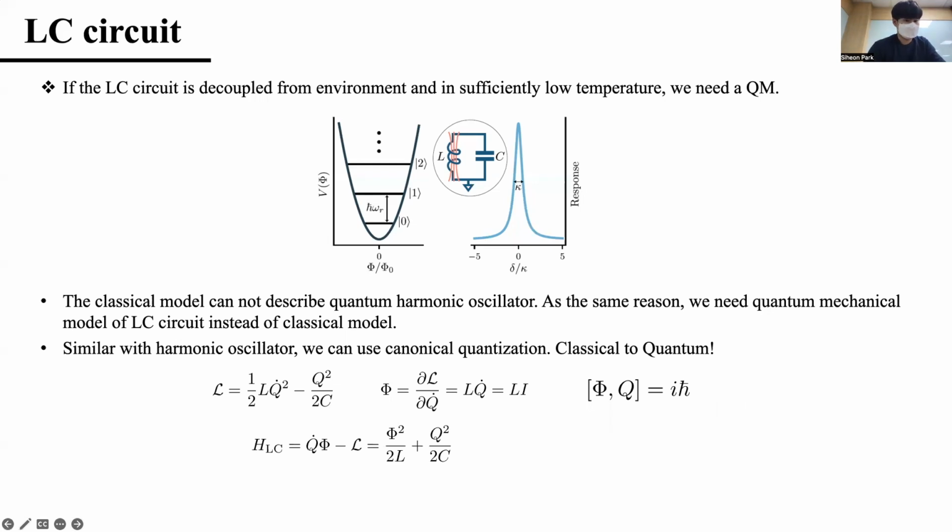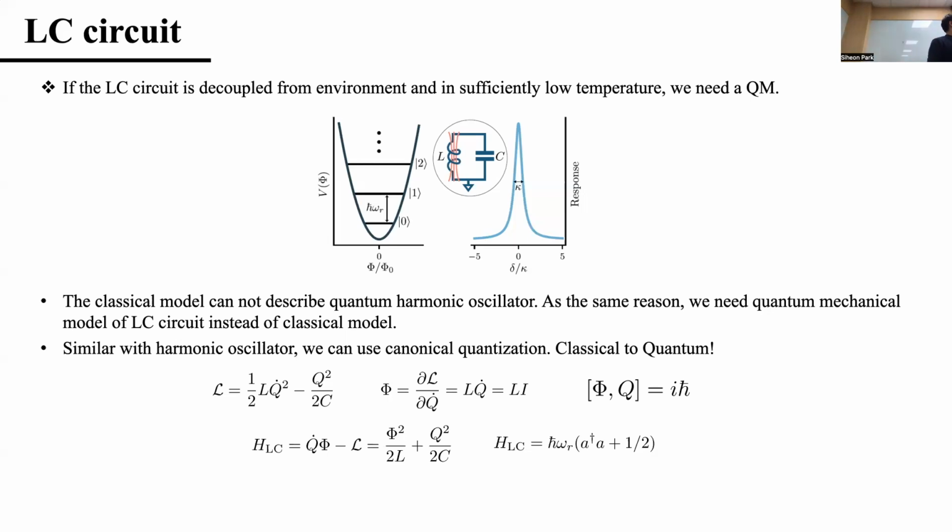So the Hamiltonian is like this, and maybe you can think of this as X, and this as P. This is a very similar form to the harmonic oscillator, so you can diagonalize it by the ladder operators. So this is the quantum mechanical description of a circuit.